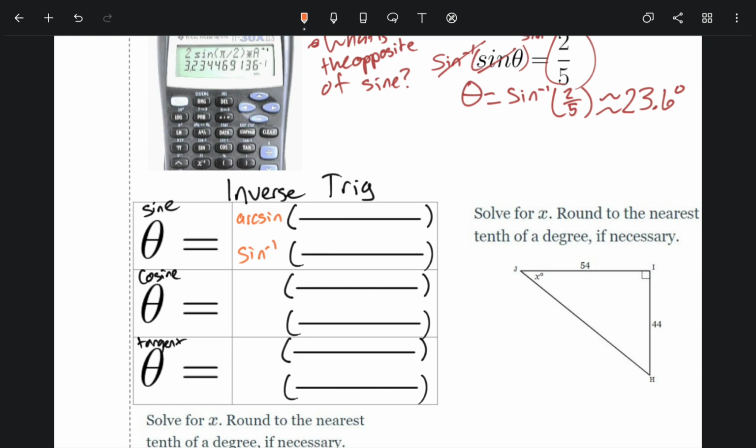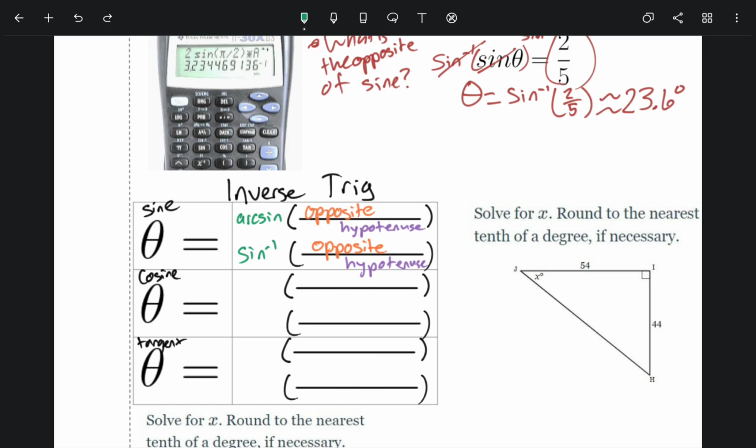And like with our regular trig functions, it is still using opposite over hypotenuse. So both arc sine and sine inverse of opposite over hypotenuse mean the same thing, just different calculators have it portrayed different ways. The physical calculators use this sine inverse notation, but Desmos uses the arc sine notation.